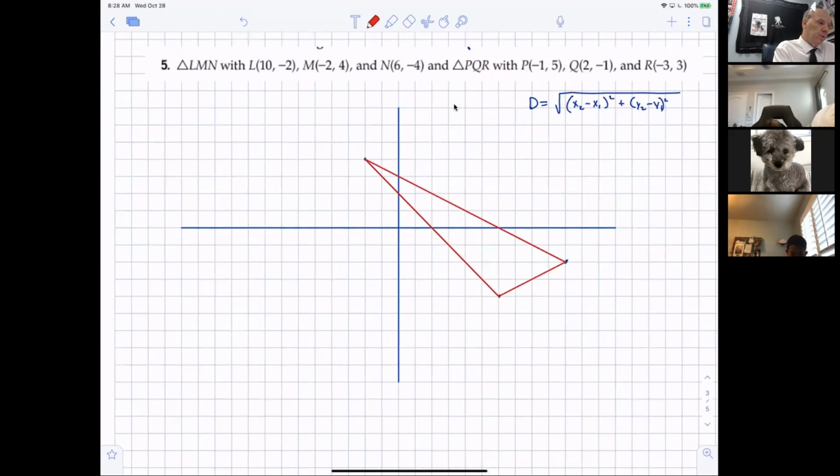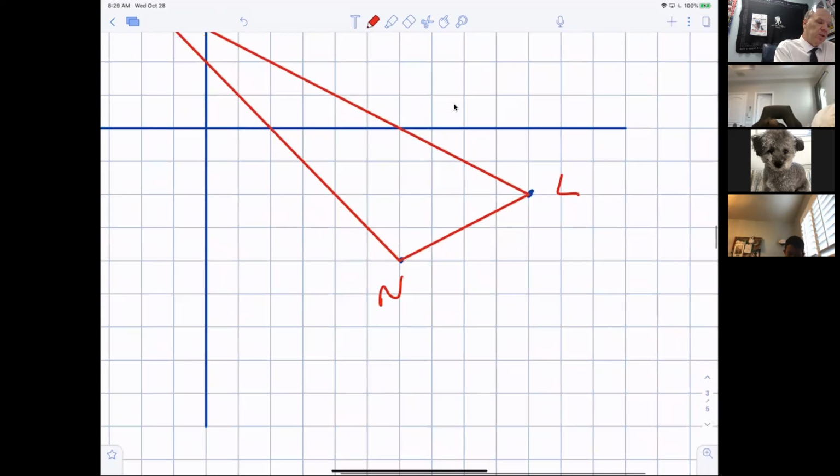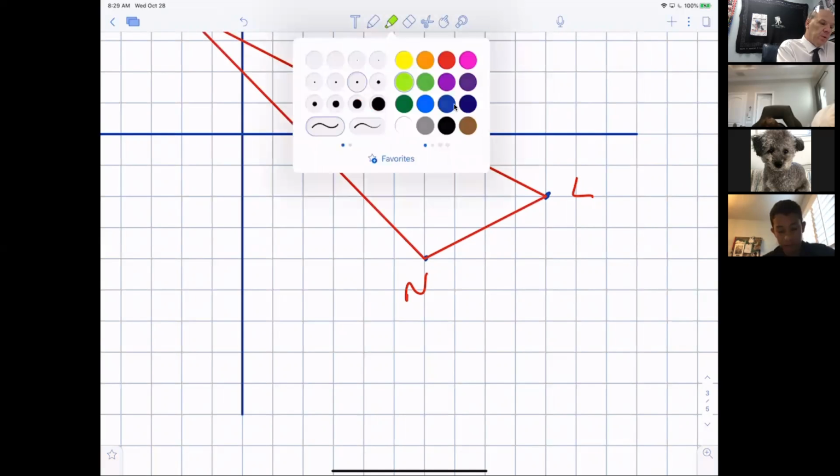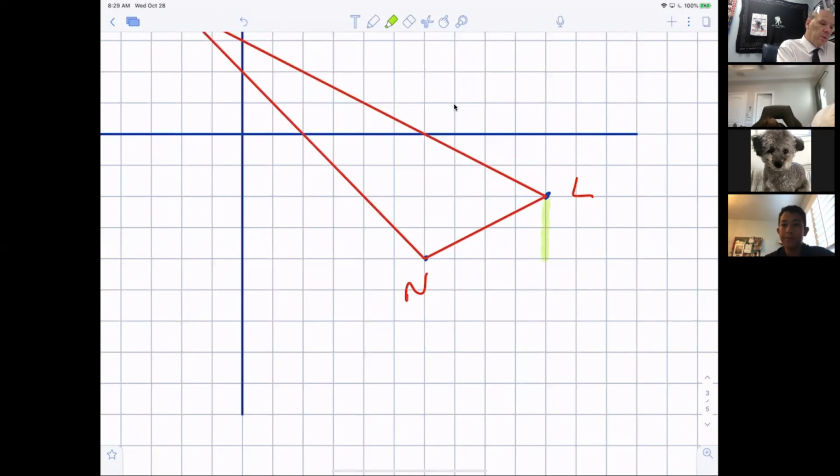Hopefully it does. 10, -2 is L. -2, 4 is M, N. Okay, so now let's just look at LN if you have that. So here and here is the right triangle, correct? So this is 2, and this is 4.